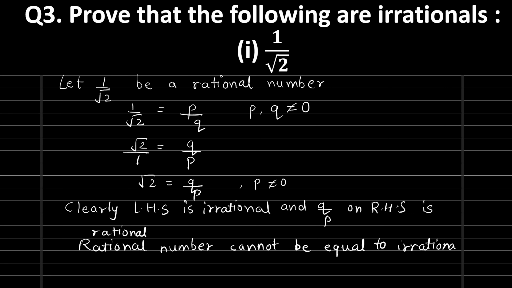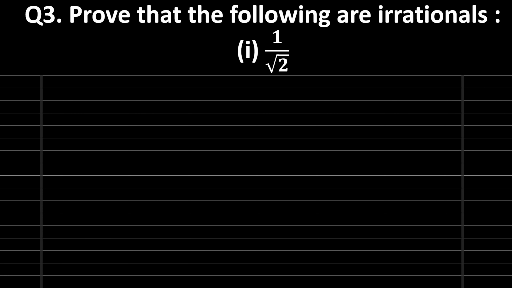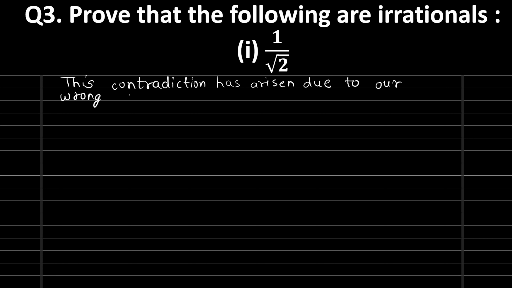A contradiction has arisen, and we will write down that this contradiction has arisen due to our wrong assumption that 1 by root 2 is rational.